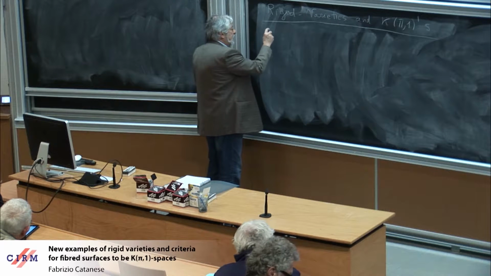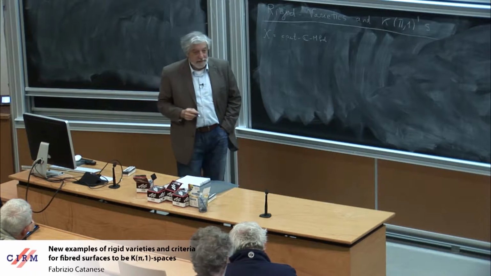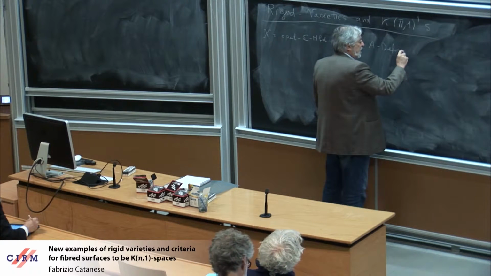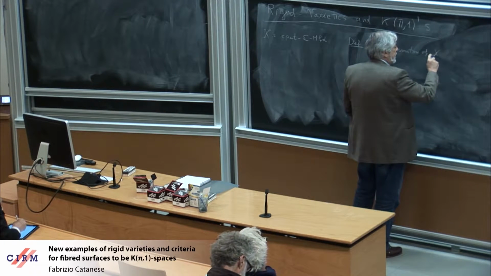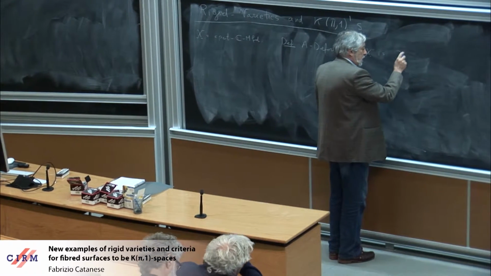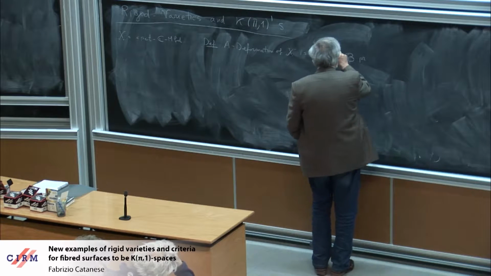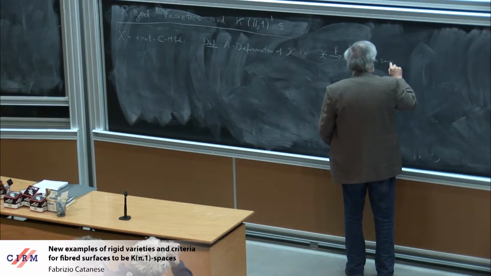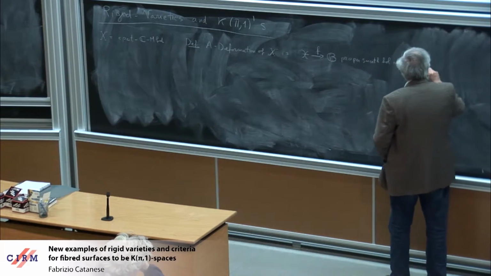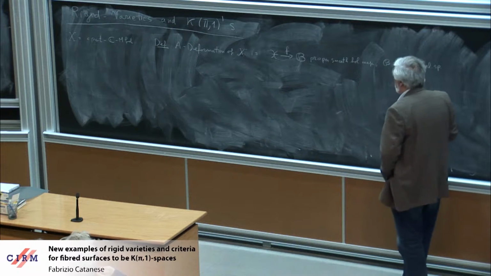So X is a compact complex manifold. And there is the definition of deformation. A deformation of X is the following: a proper smooth family, a proper smooth holomorphic map, where B is a connected analytic space, which could also be non-reduced.